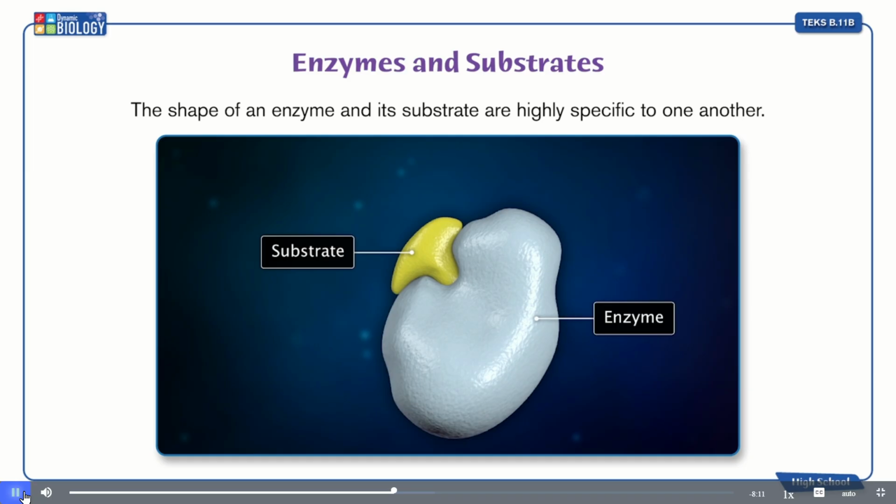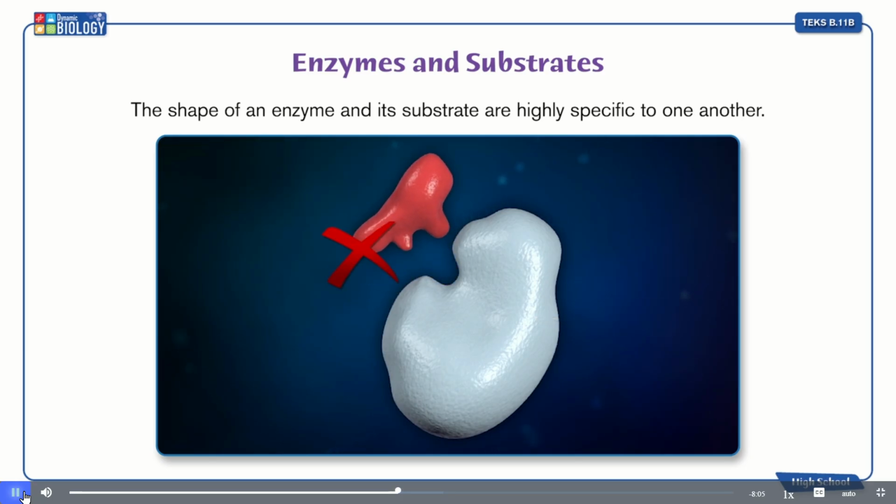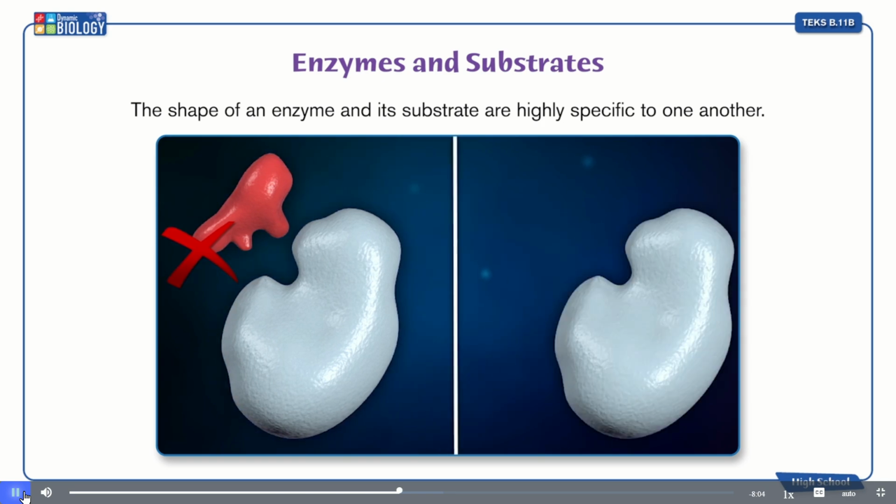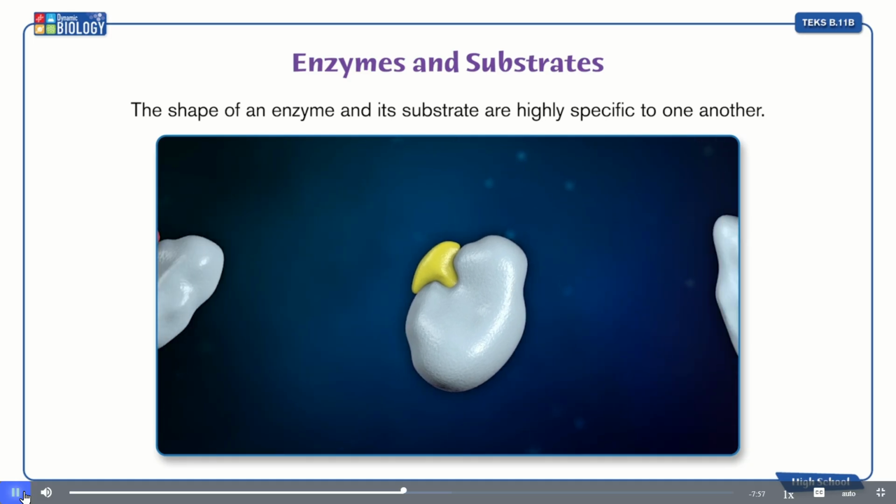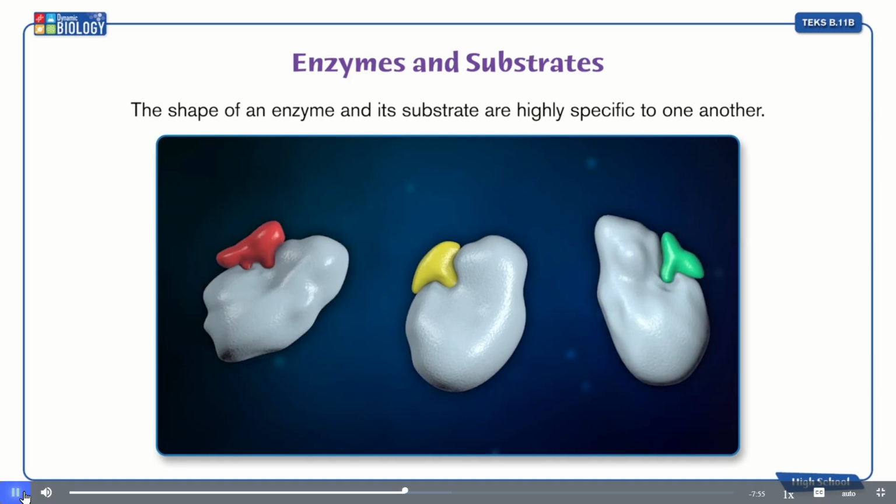Can any enzyme bind with any substrate? No. Enzymes can only bind with substrates that fit their active site. In fact, a typical enzyme can catalyze only one chemical reaction. No wonder there are so many different enzymes with so many different shapes.